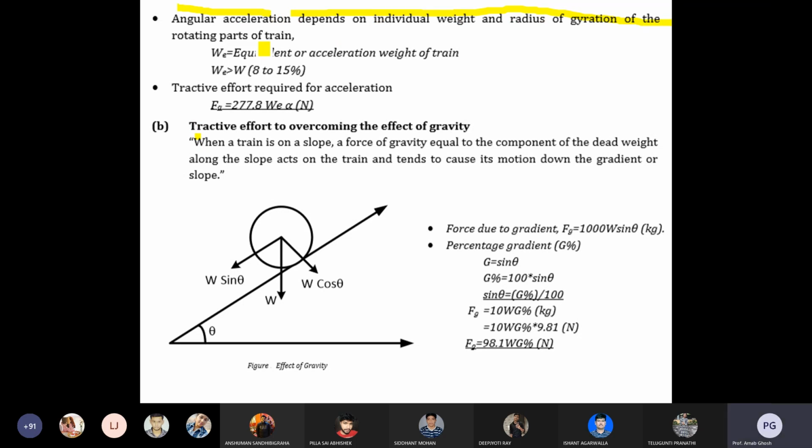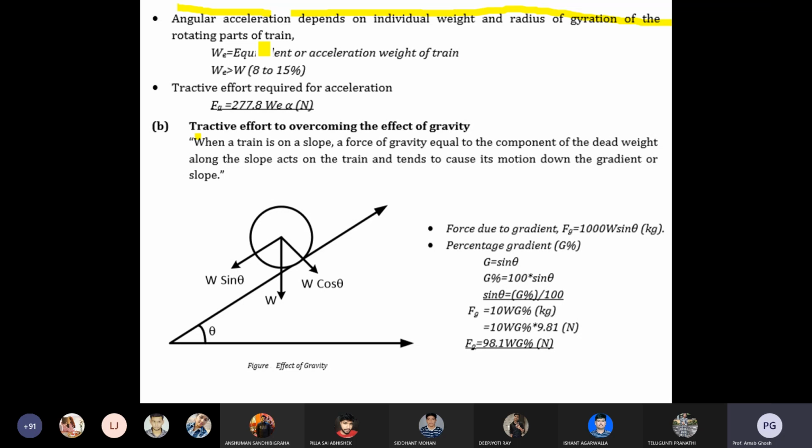Individual weight and radius of gyration are used, and the equivalent weight is what you use directly. We is the equivalent weight of that train for acceleration, and Fa equals 277.8 We alpha.